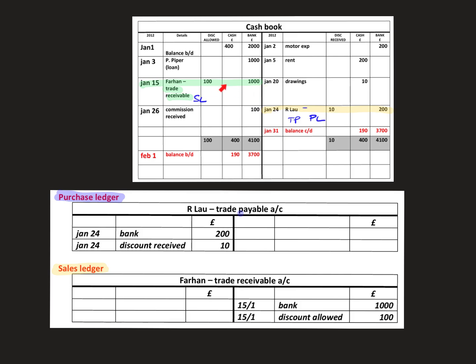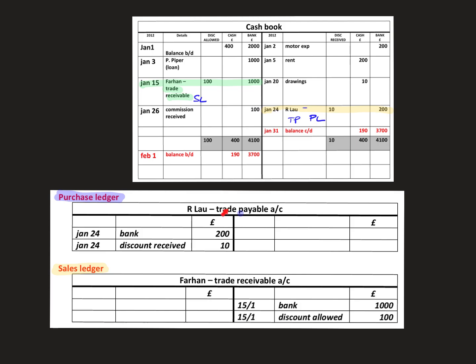So a total of 1,100, but we allowed this customer £100 in discount because they are settling their account early. Now these two entries will have to be made in the customer's account to reflect that the debt was settled. So the debt has been paid by the customer.